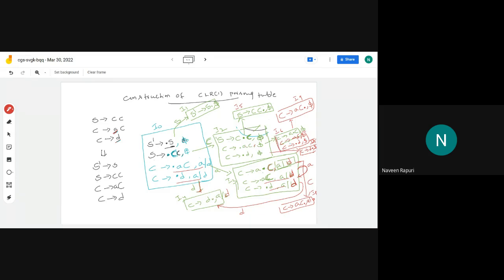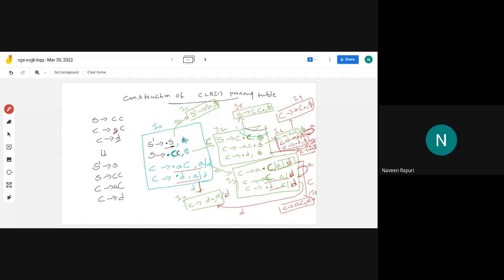So in the same manner, on small a, it moves to the same state. Here C derives dot d comma dollar. Both are the same. On small d, it is moved to I7.